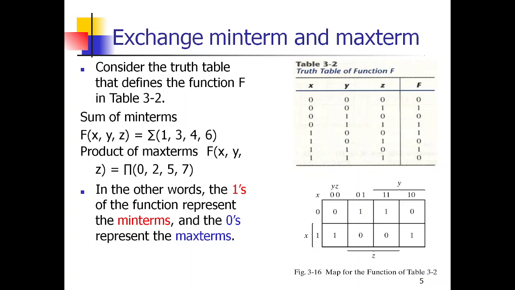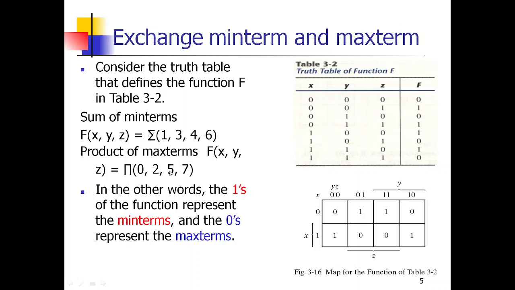So next is exchange of minterms and max terms, which we have discussed in the previous slide. For sum of minterms, we have to go with summation of 1, 3, 4, 6. That is, the values in the output column which are 1 are considered, and those minterms have to be considered here. And for product of max terms, the output column consists of zeros, and those corresponding minterms have to be considered.